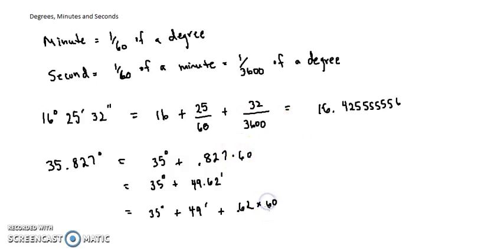So we're just going to multiply it by 60 here because we want to get from minutes to seconds, not all the way from degrees to seconds. Okay, so minutes to seconds, we just multiply by 60. So we get 35 degrees plus 49 minutes plus 1.03 seconds. And then usually you're going to keep that part as a decimal. Again, we're going to talk more about rounding and significant figures later.